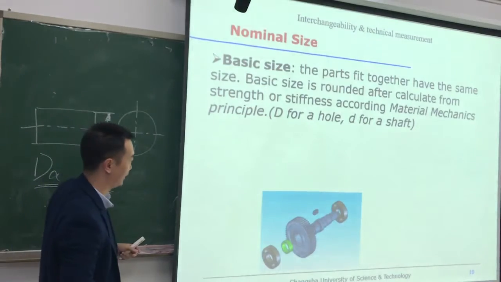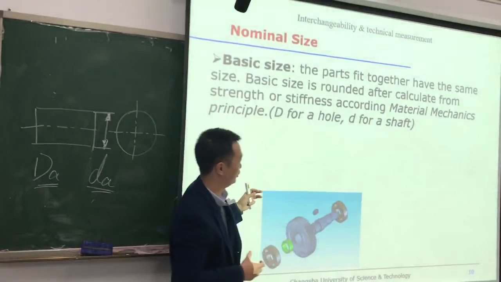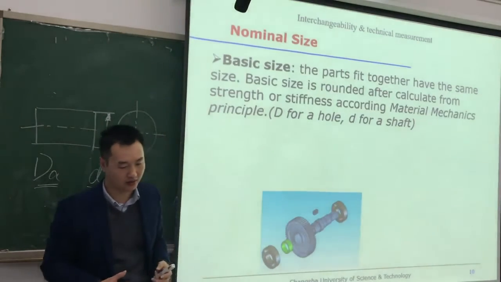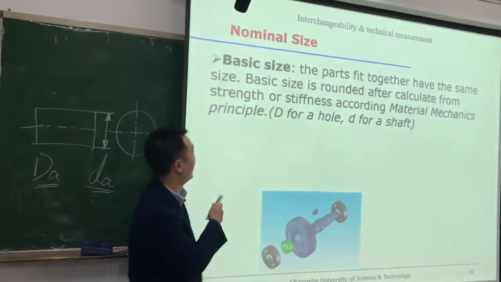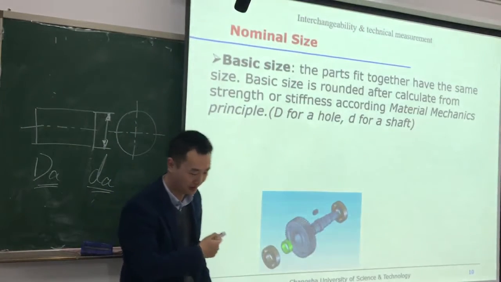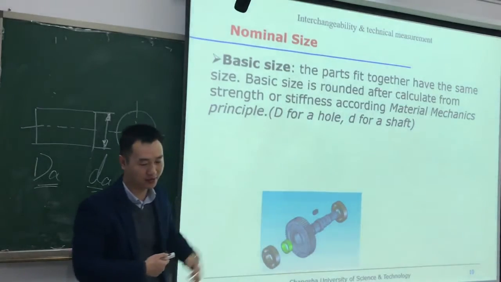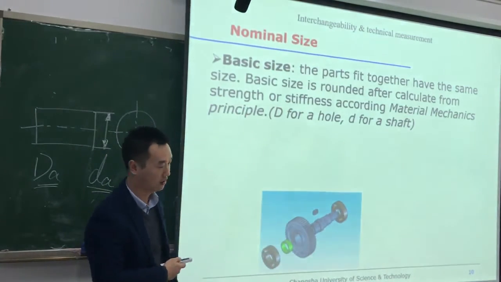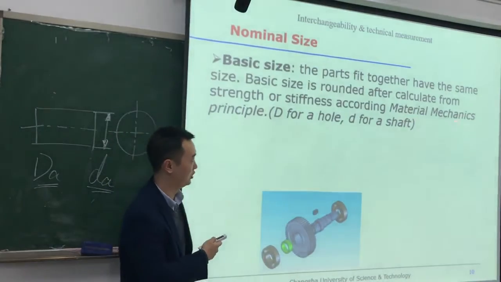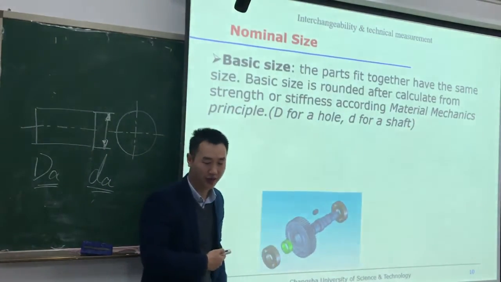When we use a shaft to fit with the hole, they must have the same basic size. And how do we get the basic size? The basic size is calculated according to material mechanics. It's the content in mechanical design.